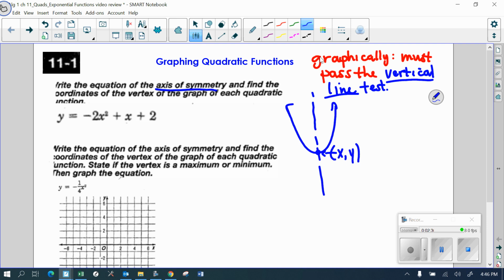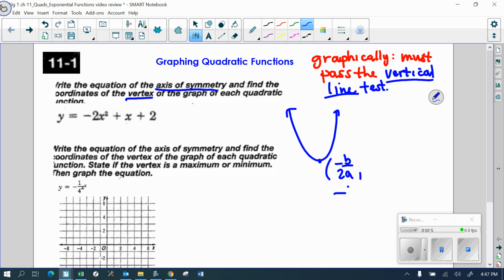And find the coordinates of the vertex of the graph of each quadratic function. Okay, so the vertex, that point right there, the x coordinate is negative b over 2a. The y coordinate is whatever I get when, say the answer for negative b over 2a was negative 1, I plug negative 1 into the function, or the y equation here, and get the y value.